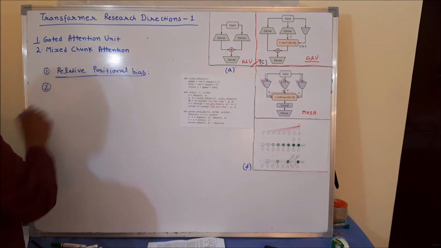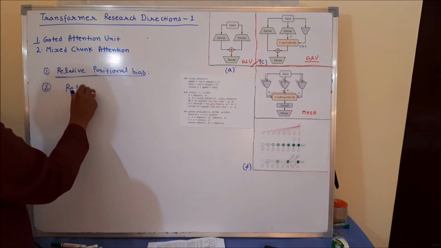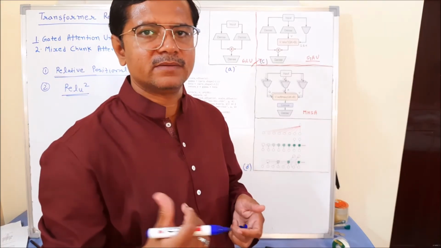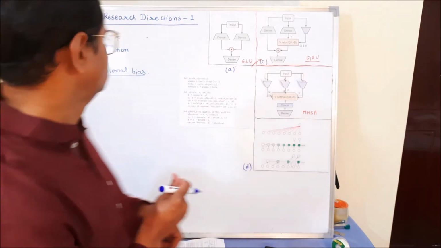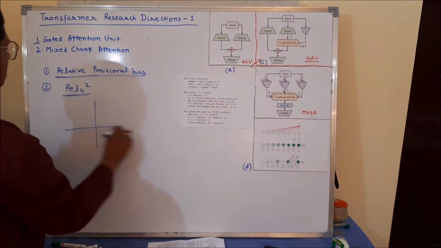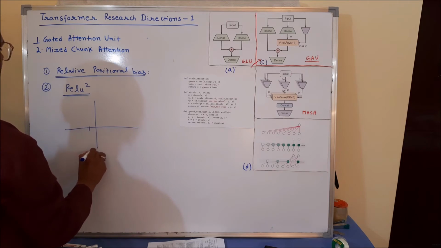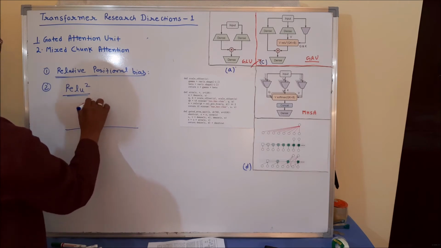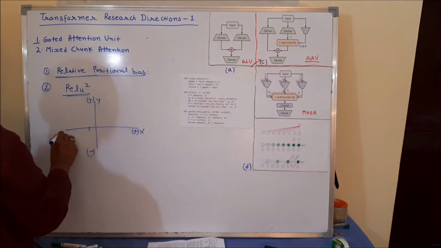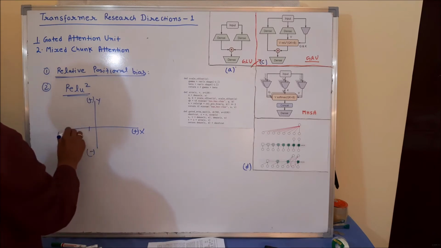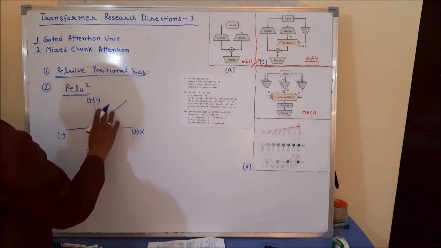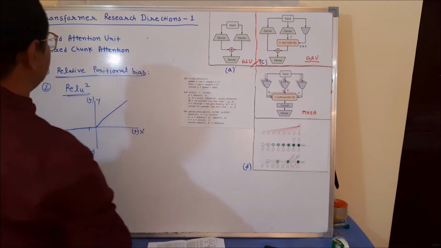Second important point is ReLU square. In traditional deep learning architecture, you may have seen that some people used ReLU cube also. But try to understand how ReLU square actually works. Suppose we already know this is our negative y side, positive y side, positive x side, negative x side. For all negative values, ReLU shows the value 0, and for positive values, it shows non-linearity.